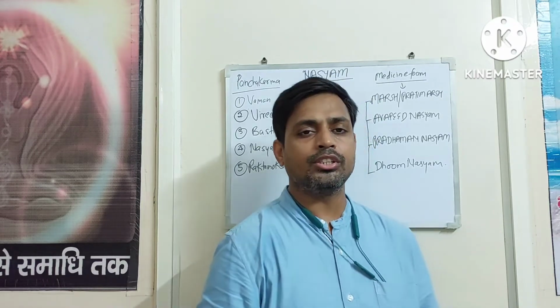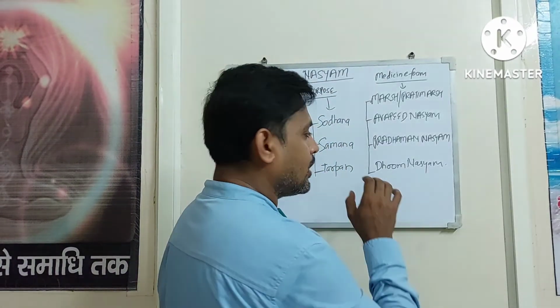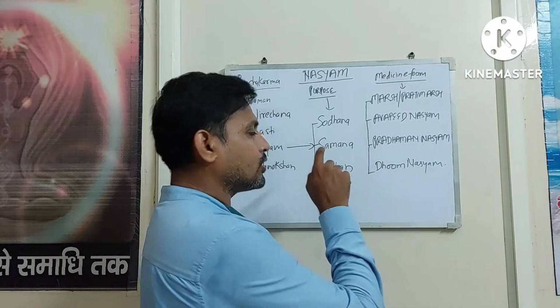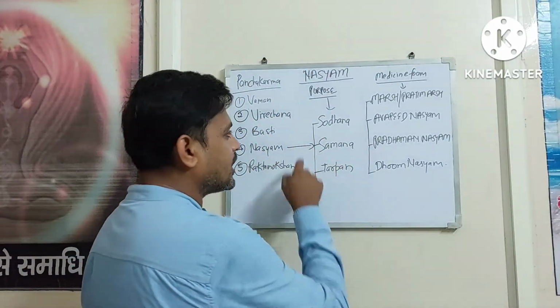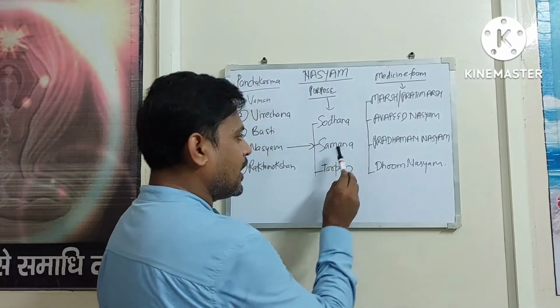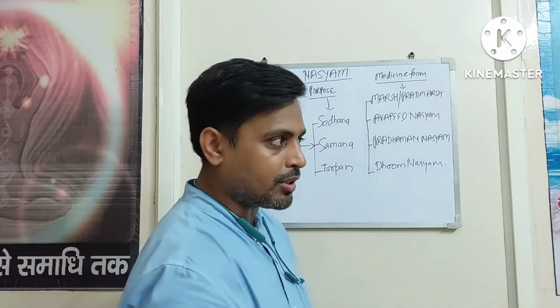There are so many diseases which are always related to the degeneration of tissues, brain tissues, and here the Tarpana variety of Nasyam is applicable. Every time you do Nasyam, the purpose is clear: it may be for Shodhana, for Shamana, or for Tarpana.